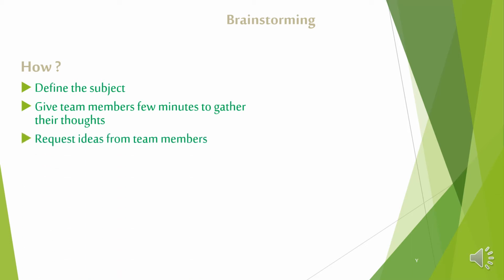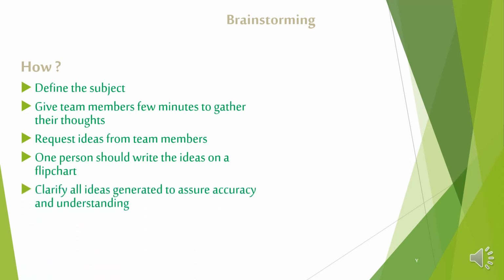Then request ideas from the team members. Ask them to start, then open. One person should write the ideas on a flip chart. Rather than the facilitator, we have someone write on the flip chart so everyone in the meeting can see the ideas and build up on what he sees.